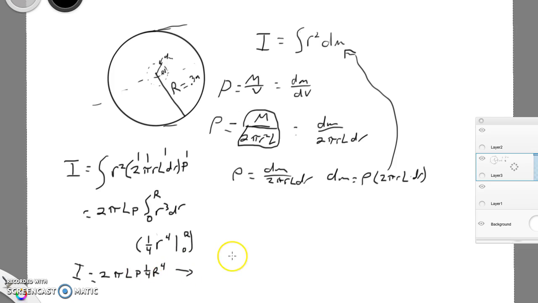So we get 2 pi l times m over 2 pi r squared l times what we just got here, 1/4 R to the 4th. Okay, so the 2 pi and l will all divide out. Two of the r's will divide out.